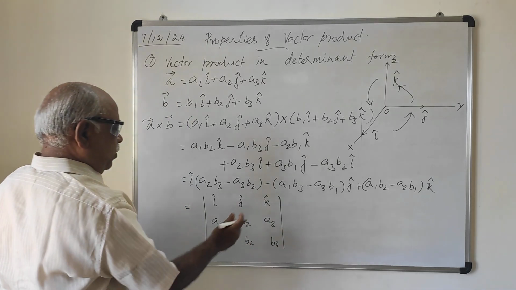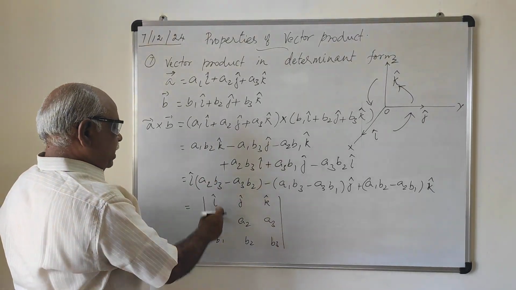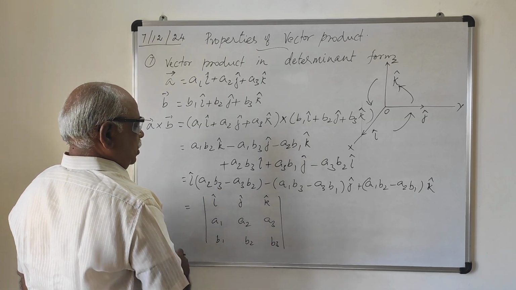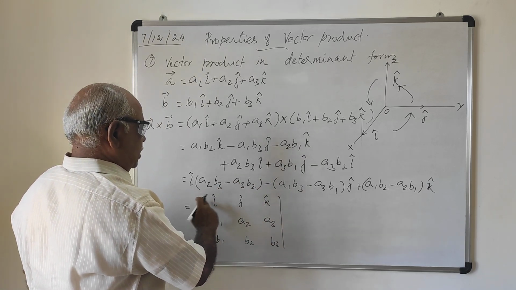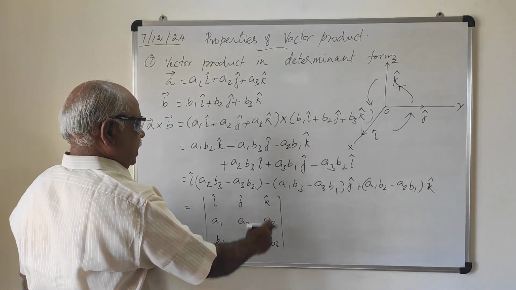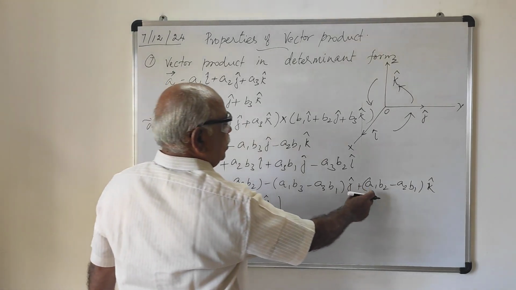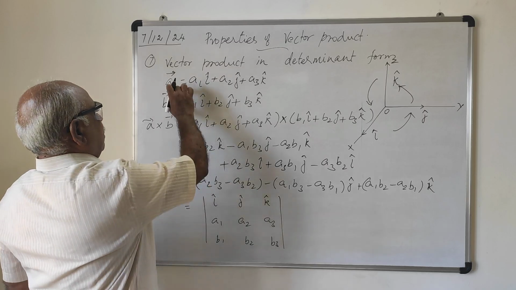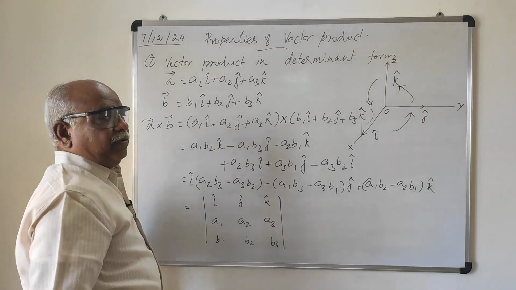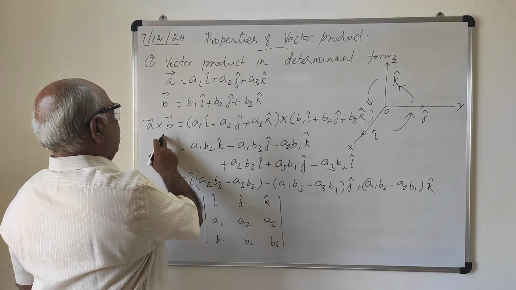If you expand this determinant, eliminating the i column and i row, you get i vector into (A2 B3 minus A3 B2), minus j into (A1 B3 minus A3 B1), plus k cap, eliminating the k column and k row, (A1 B2 minus A2 B1) into k. So the cross product A cross B is nothing but the determinant with i, j, k in the first row, components of A in the second row and components of B in the third row. This is the determinant form of A cross B.